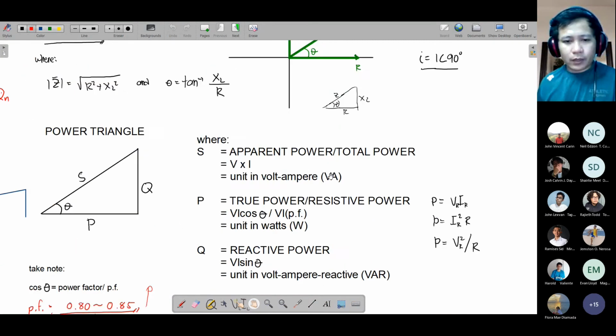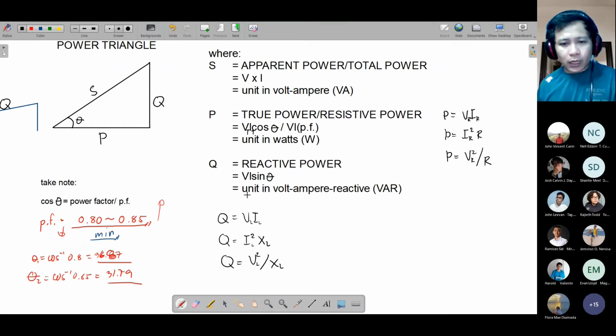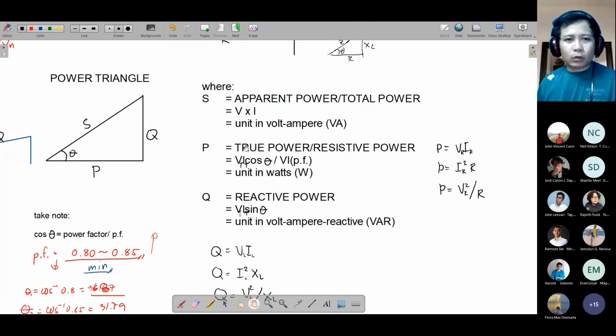These are all total. Let's have black. This is V total and I total. Let's make it clear: it is no longer just any voltage and current, these are V total and I total.